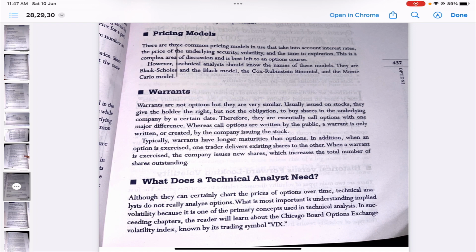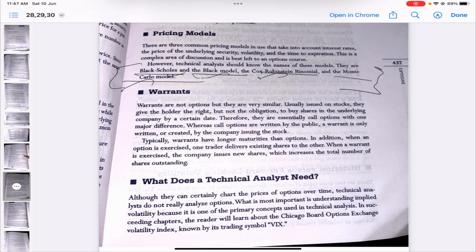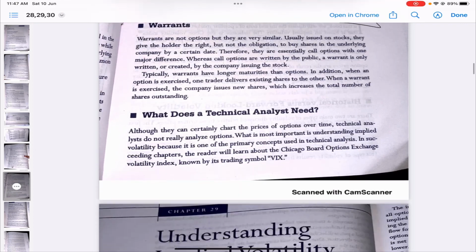Now there are a few pricing models: the Black Scholes and the Black model, the Cox-Rubinstein binomial, and the Monte Carlo model. So these are the models which basically help us in pricing our option contracts. You just need to know the names of these. These are the pricing models.